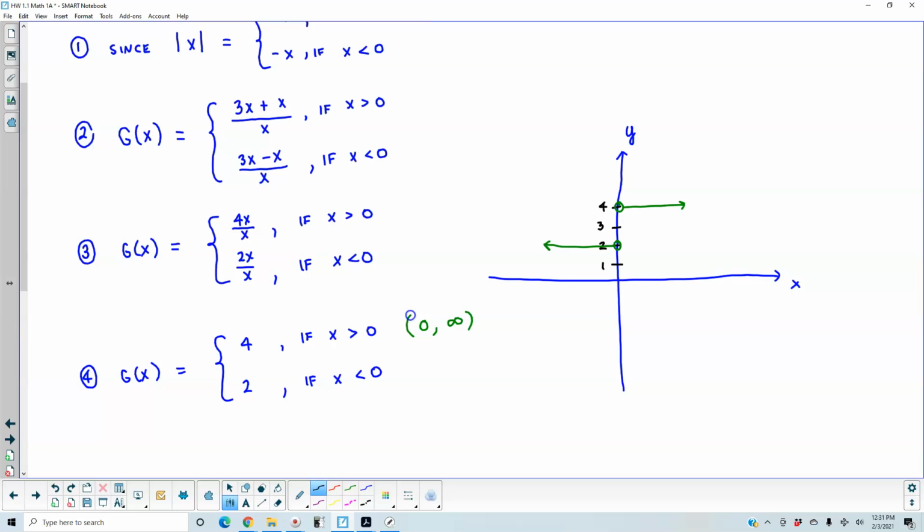When the function is equal to 2, it's starting out at negative infinity and approaching 0 with a parenthesis. So therefore, we would say that the domain of this function is the following: negative infinity to 0, union, 0 to infinity.